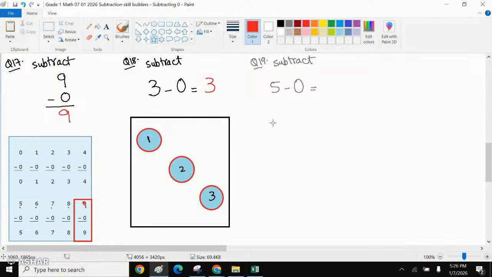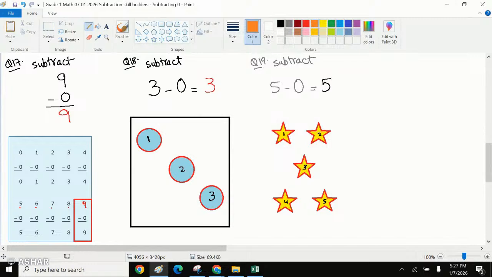So if we have 5 stars, 1, 2, 3, 4, and 5, and we are not subtracting anything, we are not changing anything in it, how many stars are left with us? We are left with 1, 2, 3, 4, and 5. Yes, thank you so much. We will be left with 5 stars.